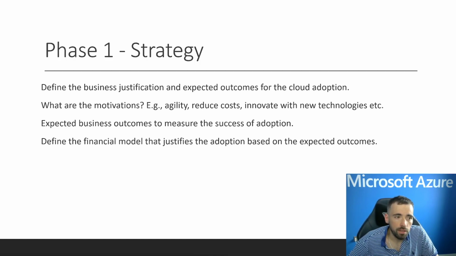Motivations might include agility, reducing costs, innovation for new technologies, etc. Expected business outcomes are used to measure the success of the adoption. And as part of strategy, we also define a financial model that importantly justifies the adoption based on what those expected outcomes are.